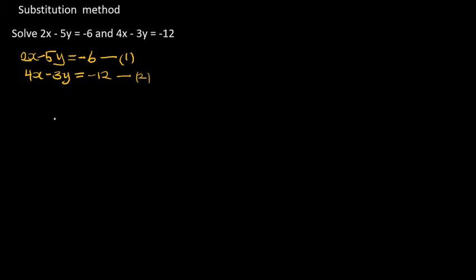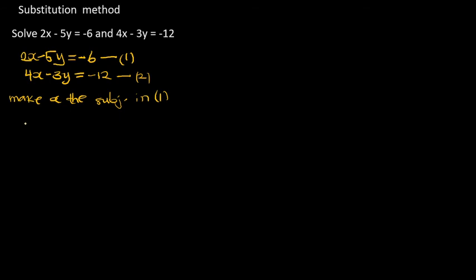Okay, now let's make one of the variables the subject in any of the equations. So let's take equation 1 and make x the subject. If we want to make x the subject, let's leave 2x on the left.